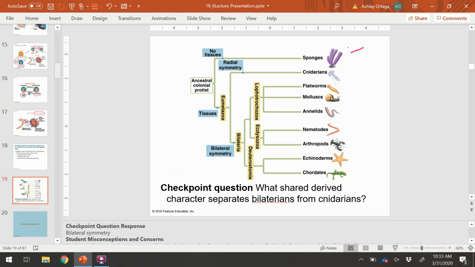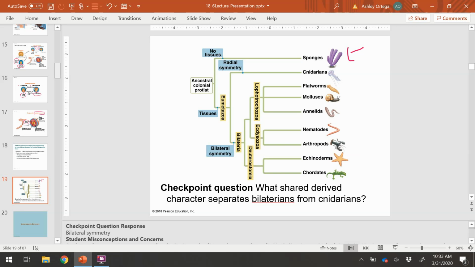So sponges were the first to evolve and diverged. And then going down the other way here, you see they do develop tissues, and then the group called eumetazoans include all the ones you see here following, just everything but sponges.